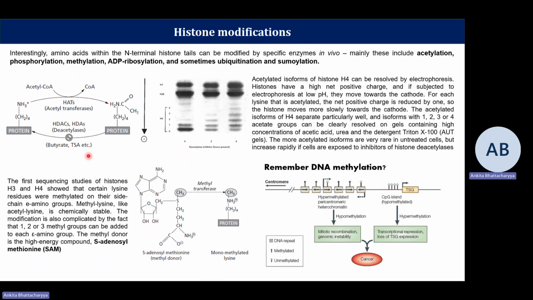acetylation means the addition of an acetyl group, and deacetylation is the removal of the same. As you can see here, there are some enzymes which are actually able to do this job, and therefore their expression is what controls epigenetic modification as well. So when you are carrying out epigenetic profiling, this is what you will try to understand.